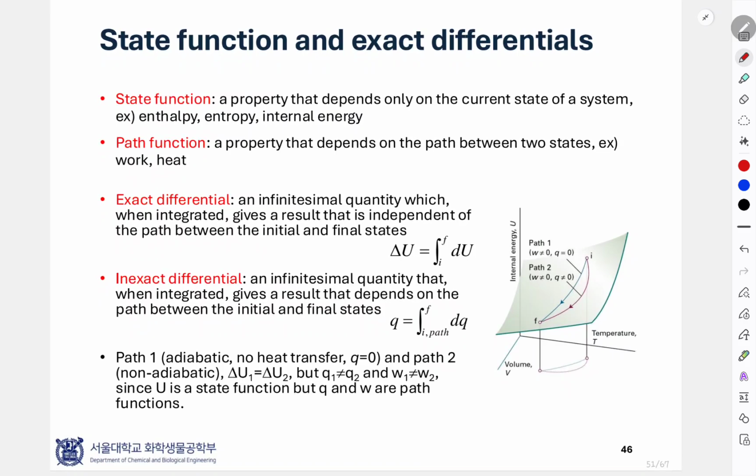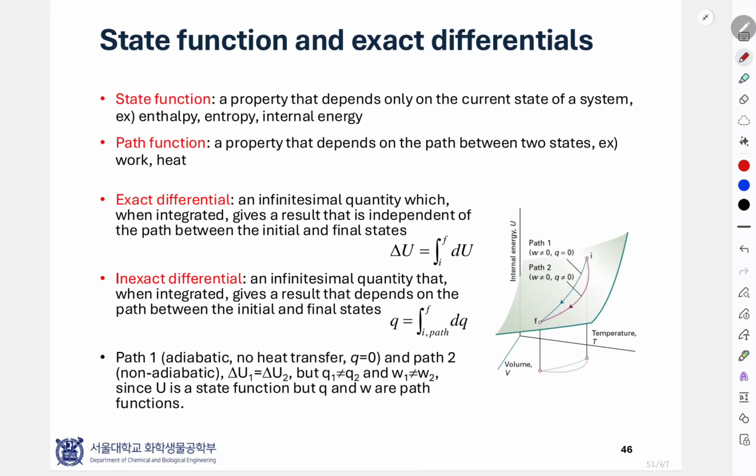So let's see this figure. Consider the system undergoing the change in this figure, the initial state I and the final state F. For the first path, the system expands adiabatically to the final state, then work is negative and also heat is 0.